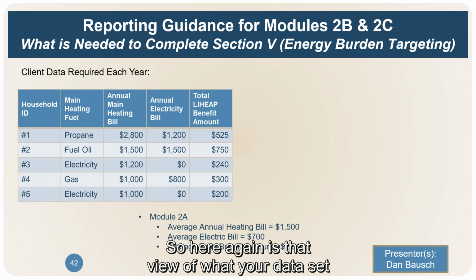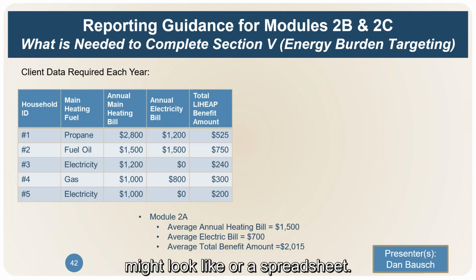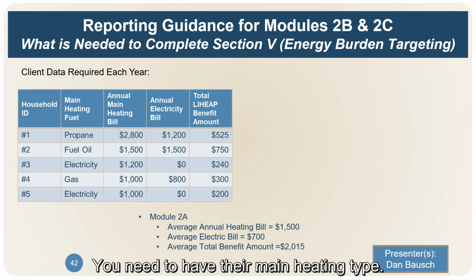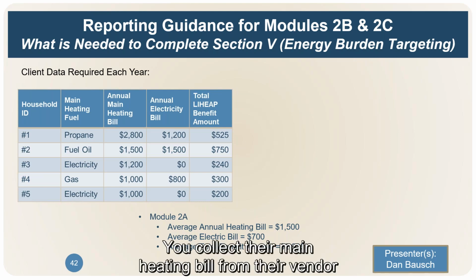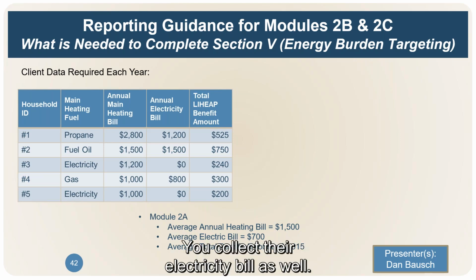So here again is that view of what your data set might look like, or a spreadsheet. Each row is a household, 1 to household 5. You need to have their main heating type. You collect their main heating bill from their vendor for a sample. You collect their electricity bill as well.